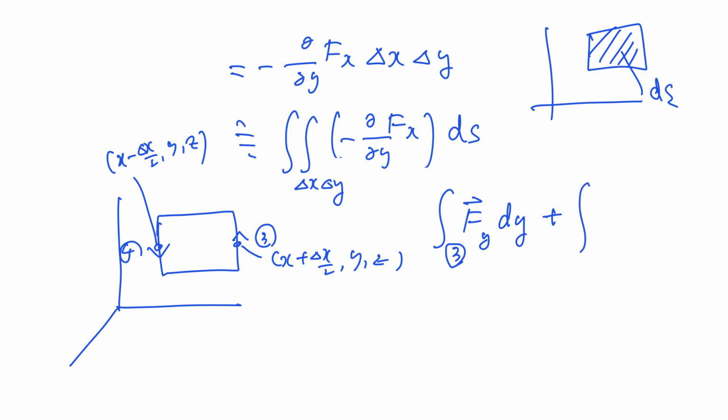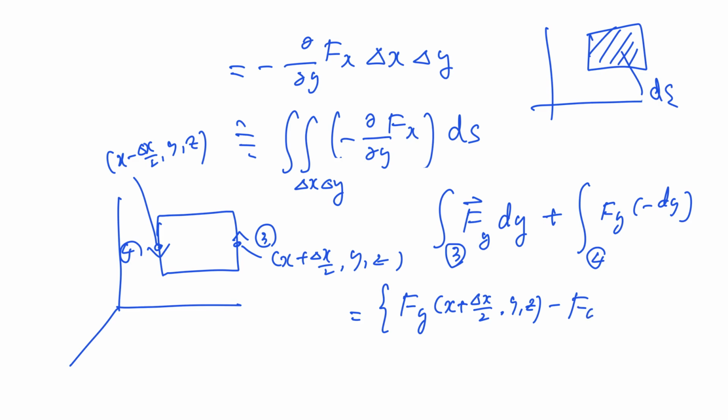So I will go down as slowly as possible. f y minus dy, and this is f y at x plus delta x over 2, y, z minus f y at x minus delta x over 2, y, z, times delta y.